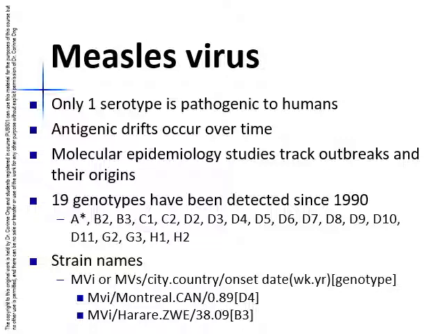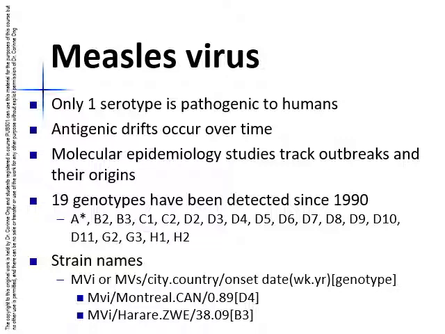19 genotypes have been detected since 1990, and these are denoted by alphabets followed by numbers. Reference strains are also named as MVI or MVS, depending on the source of the isolate. MVI is used for sequences derived from RNA extracted from measles virus isolates in cell culture, and MVS for sequences derived from RNA extracted from clinical material.